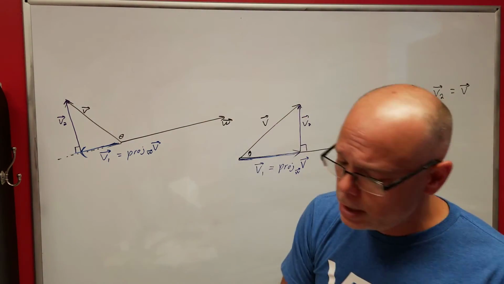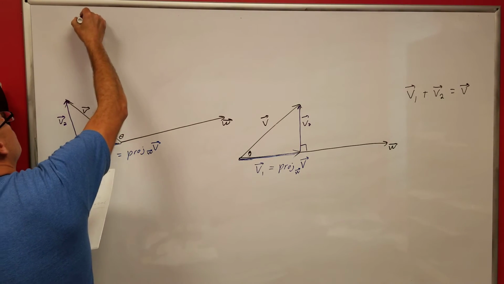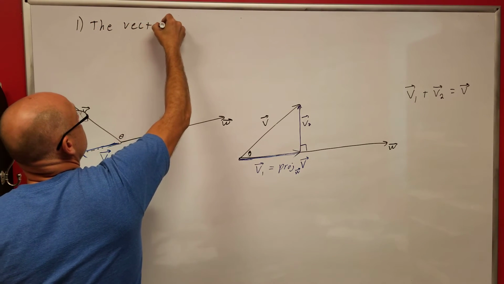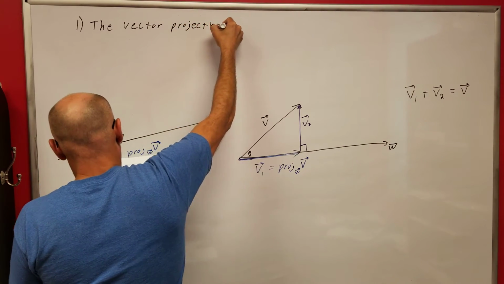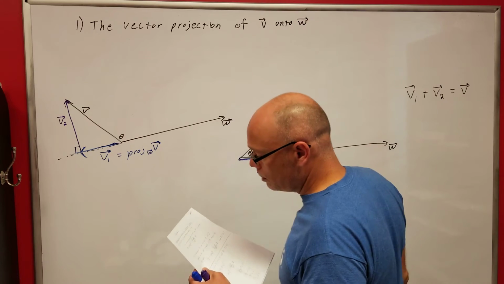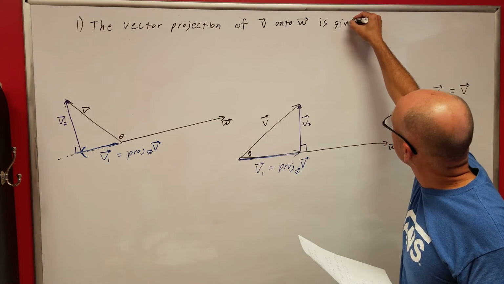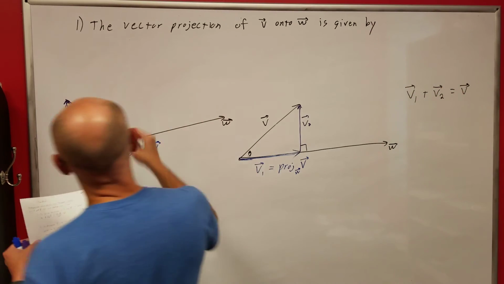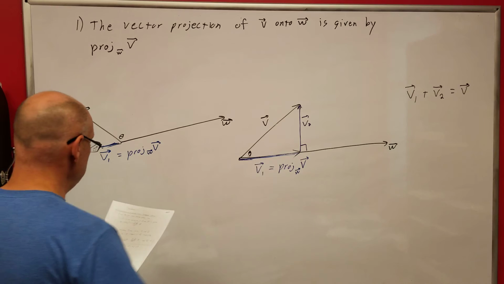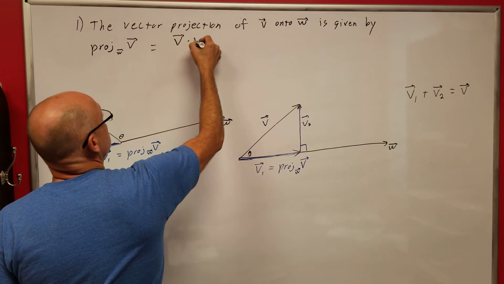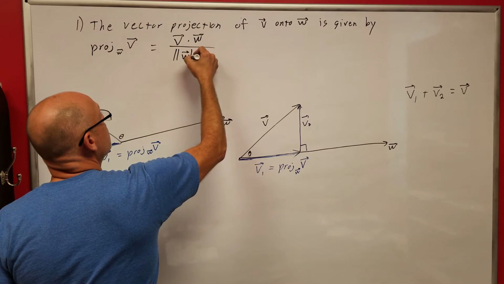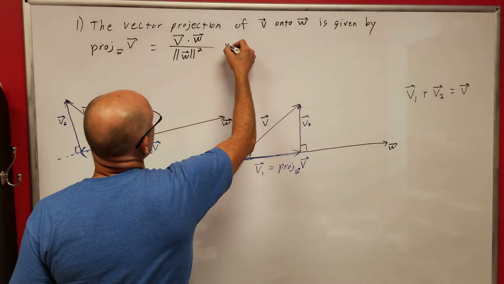They say if v and w are two non-zero vectors, then number 1 says the vector projection of v onto w is given by, they call it projection of vector v onto vector w, and you calculate this by taking vector v dot vector w in the numerator, over the magnitude of vector w squared, times vector w.